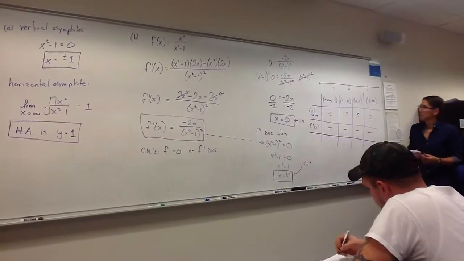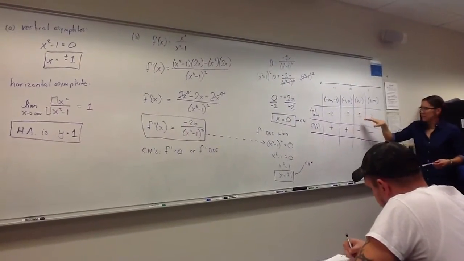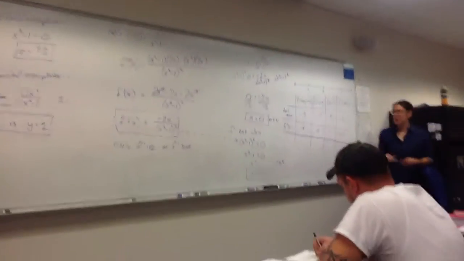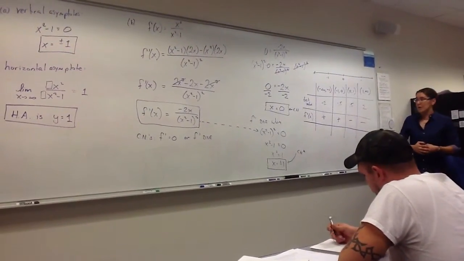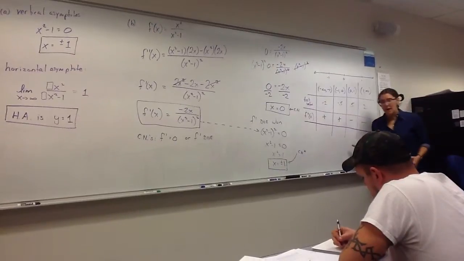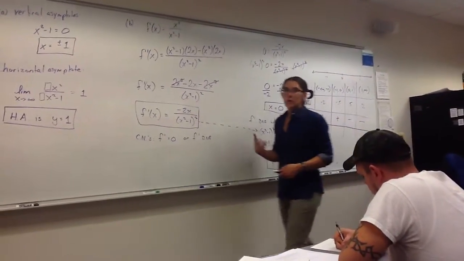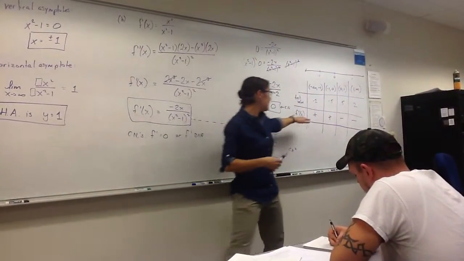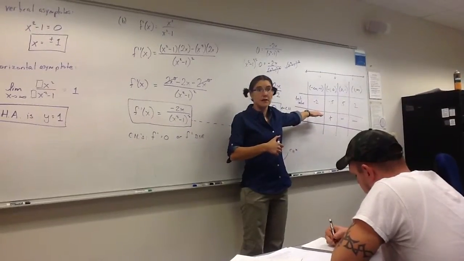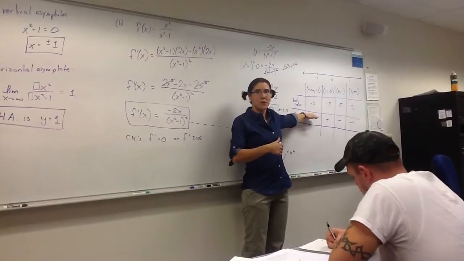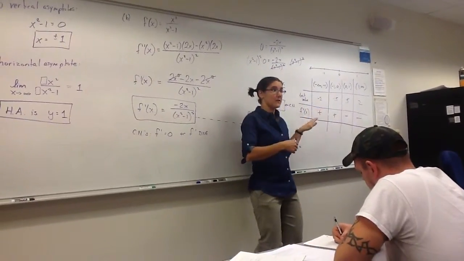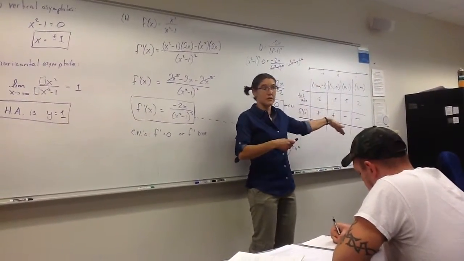Okay, so plugged in each of these x values, and our f prime values came out to be positive, positive, and negative, negative. Okay, so now what we want to ask ourselves is, what does the sign of the first derivative tell us about the original function f? The sign of f prime tells us when f is increasing or decreasing.